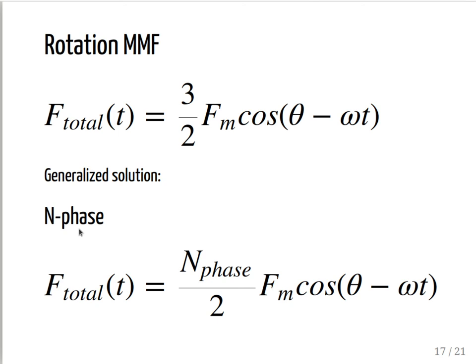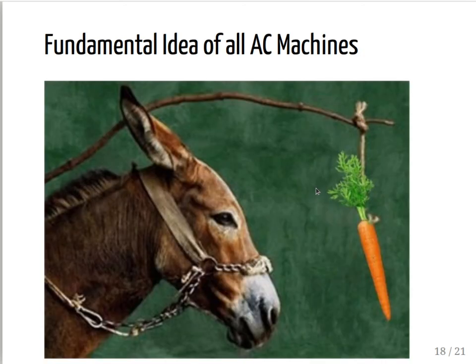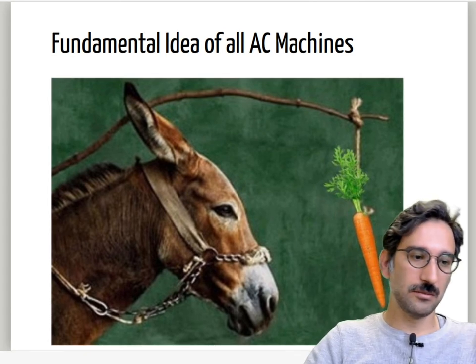So if you have a 5 phase system, each phase will be shifted by 72 degrees from each other. If you do the same operations, you will find M phase divided by 2 times Fm times cosine of theta minus omega t. So that is really the basic idea of all electrical machines.